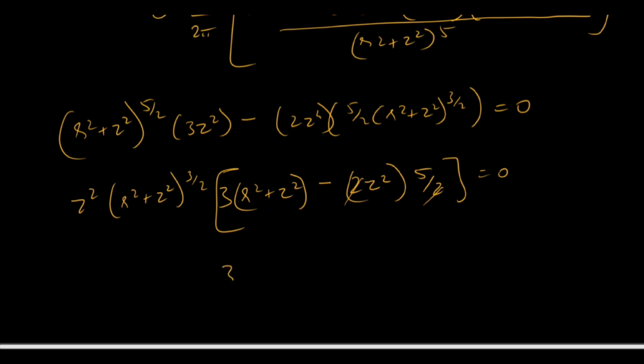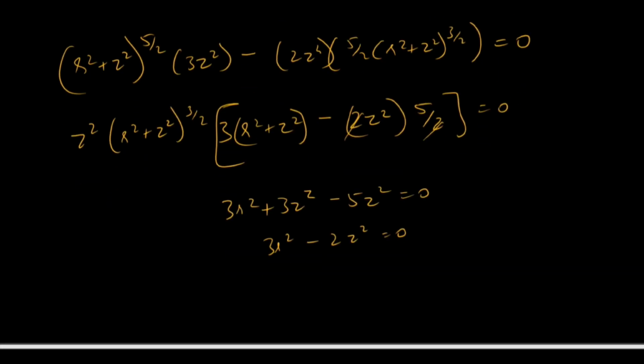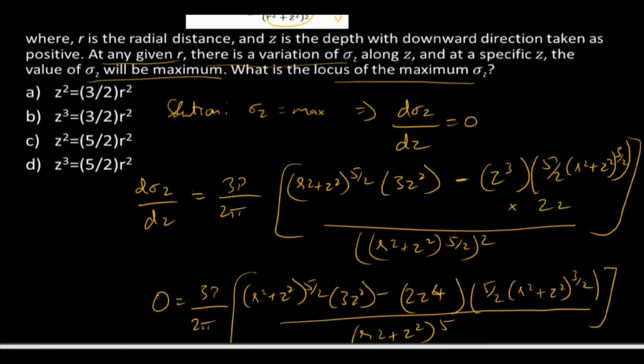Therefore 3r square plus 3z square minus 5z square will be equal to 0. 3r square minus 2z square will be equal to 0. 2z square equal to 3r square. Z square will be equal to 3 by 2 r square. Therefore, option A is the right answer.